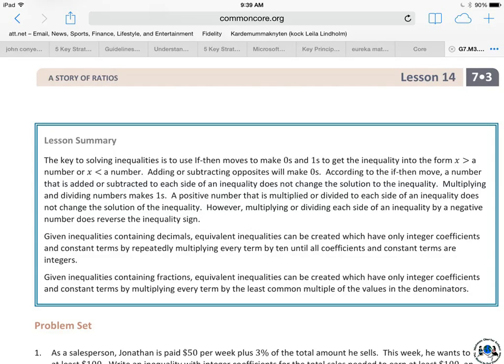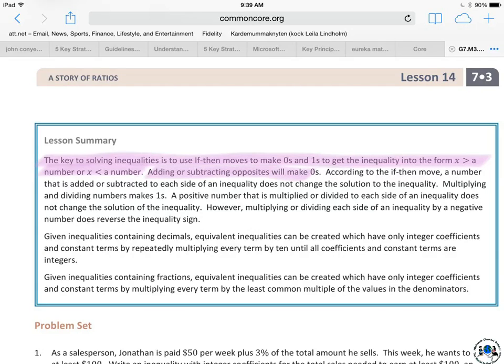Okay, so the lesson summary here is written in your binders as well. The key to solving inequalities is to use if-then moves to get zeros. Yes, we've been talking about that over and over again. The key to solving any inequality is the same key to solving any equation. Okay, so going over all this is just kind of a reiteration of what we've been talking about. Adding and subtracting opposites will make zeros.